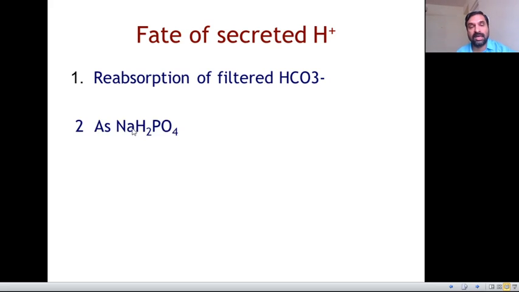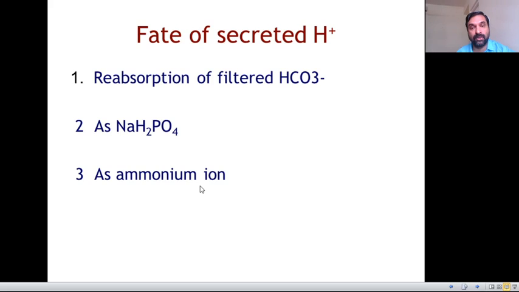Then it is also buffered as phosphate, because NaHPO4 minus combines with H plus to form NaH2PO4 minus. Dibasic phosphate is converted to monobasic phosphate, and it is also secreted as ammonium ion. So these are the fates of H plus which is secreted in the renal tubule.